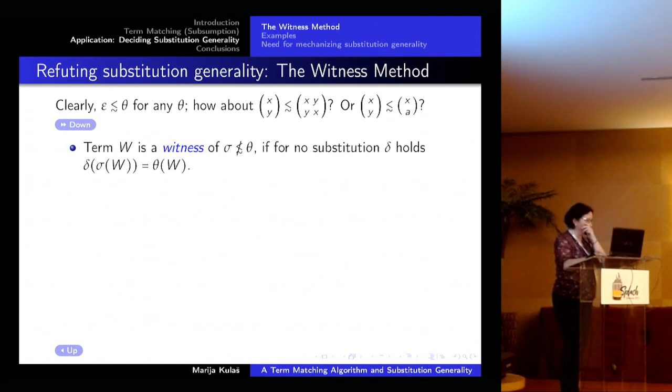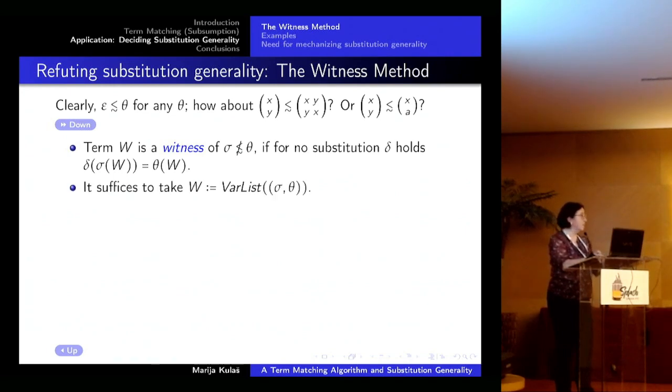When I started with this, I thought it would be easier to try with refutation. So can we have a term, say W, which is a witness of non-generality? So a term such that there can be no substitution delta, as becomes apparent from the instances of W by sigma and theta.